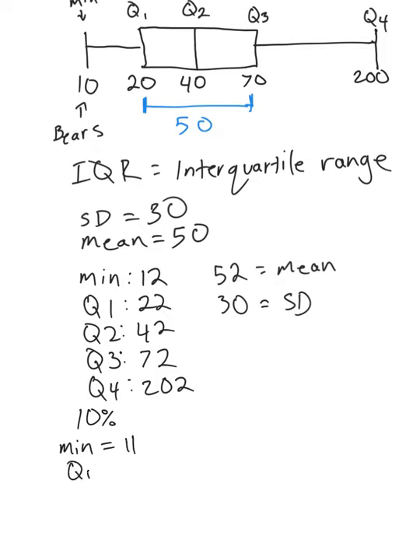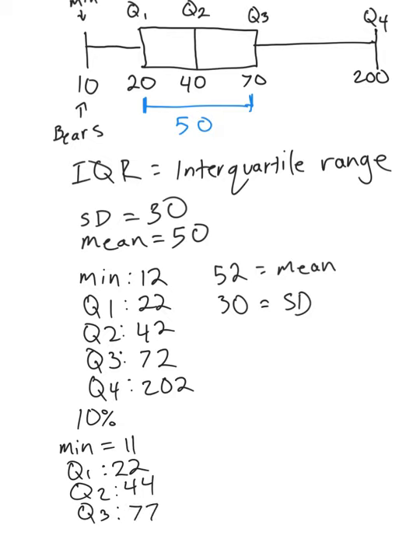Our Q1 becomes 20 times 1.1, which is 22. Our Q2 becomes 40 times 1.1, which is 44. Our Q3 becomes 70 times 1.1, which is 77 animals.